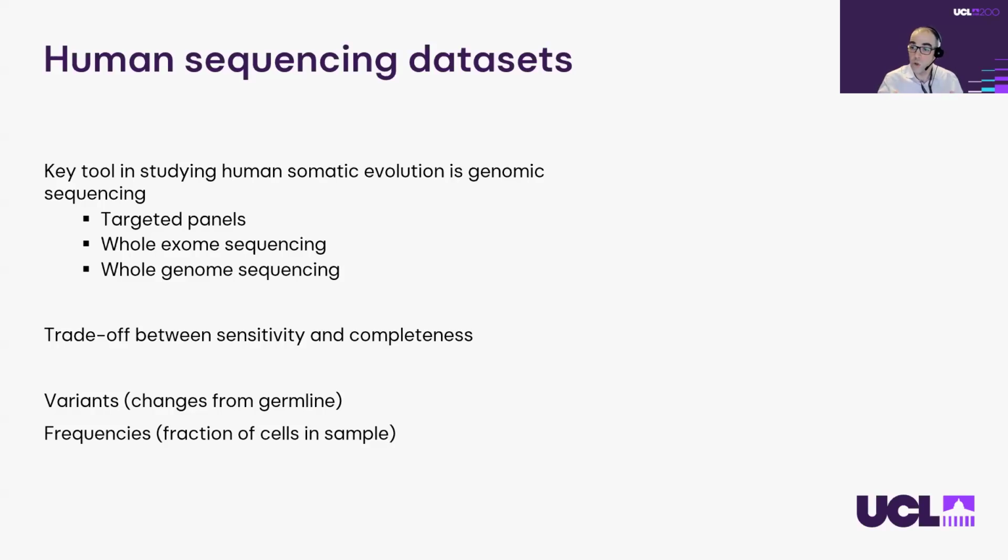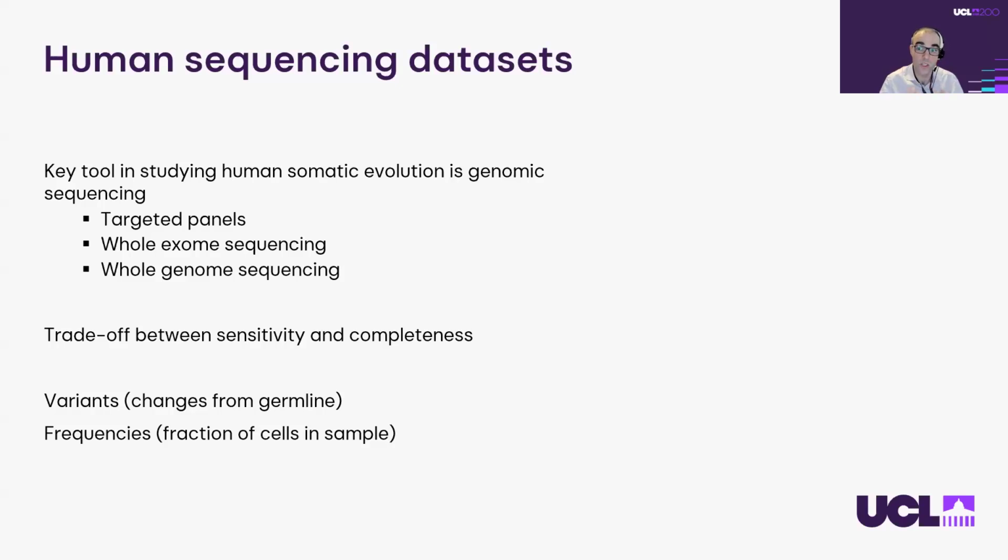Now, with each of these choices, there are trade-offs involved. One of them is whole genome sequencing tends to be more expensive than targeted panels. But also, targeted panels tend to be more sensitive. That is to say, you can identify smaller clones with a targeted panel than you can sometimes do with whole genome sequencing. So there's a trade-off in the particular technique you use and the biases that can introduce.